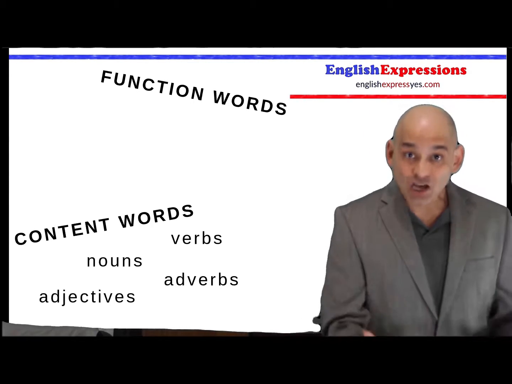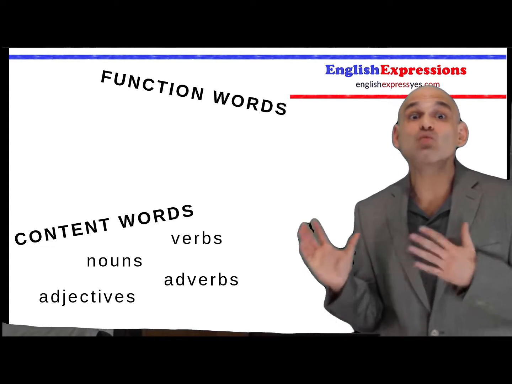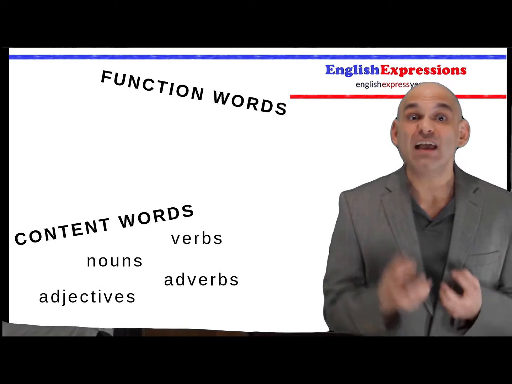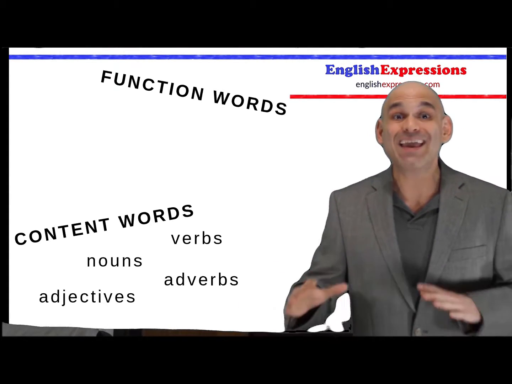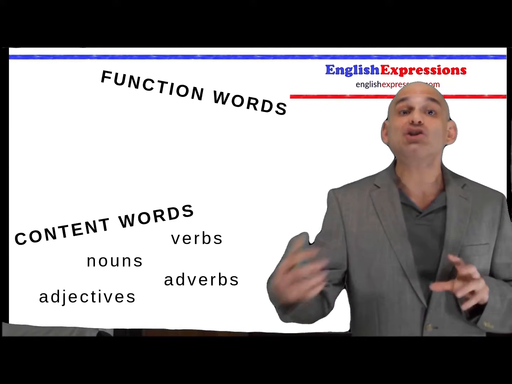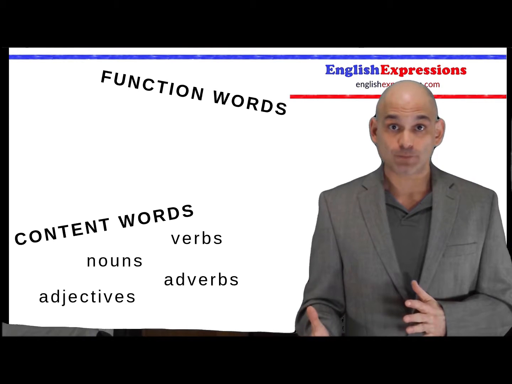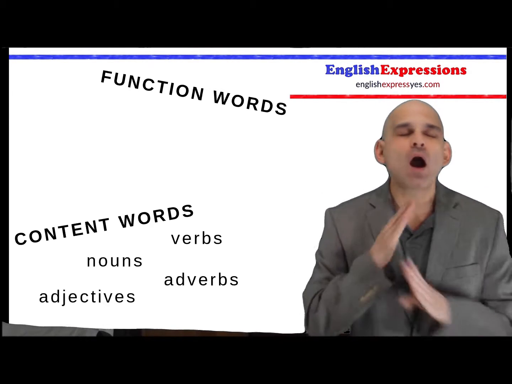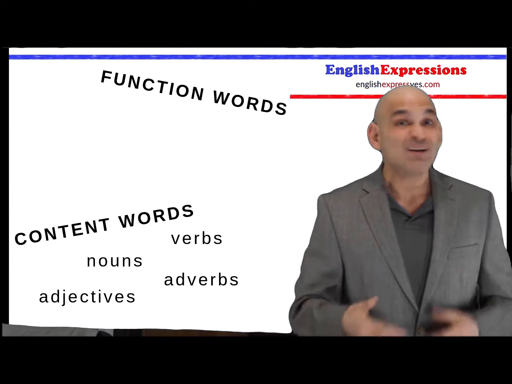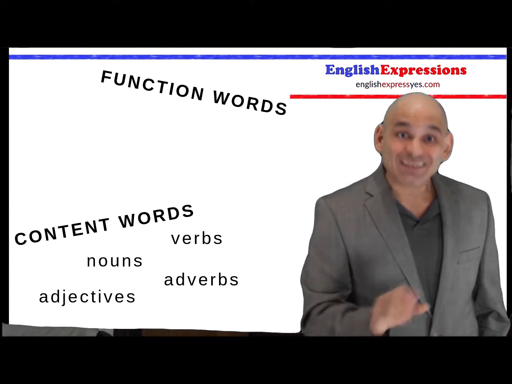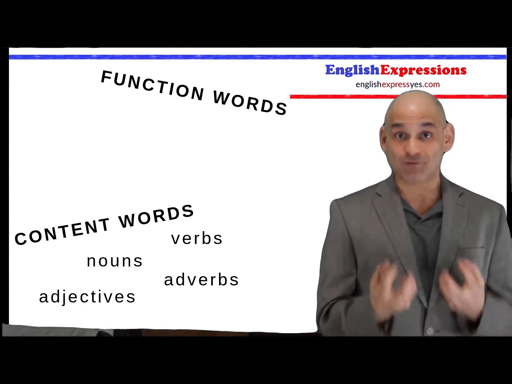Okay, now, the function words are not words with a lot of meaning. They're words with just a function, a job. They're like the worker words. They help the content words, and they give them more meaning, or they show the relationships between the content words. So function words, we do not say them fully. We do not say them properly in English because they're not important. And if we don't say them, we will still understand the meaning of the sentence.